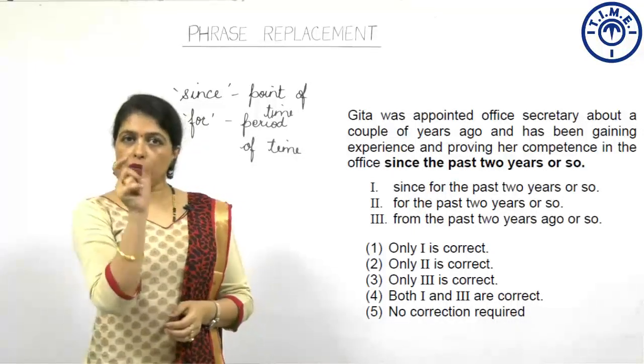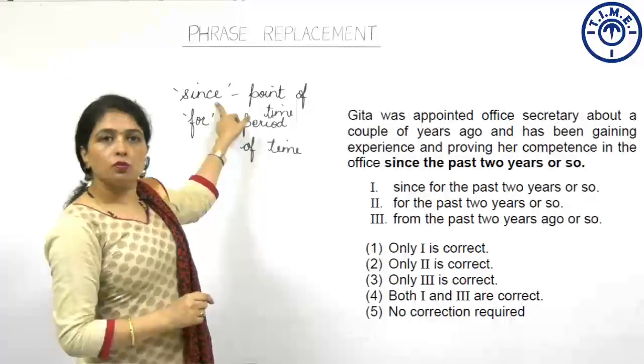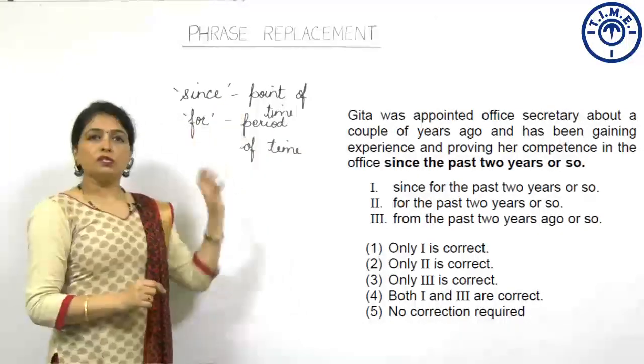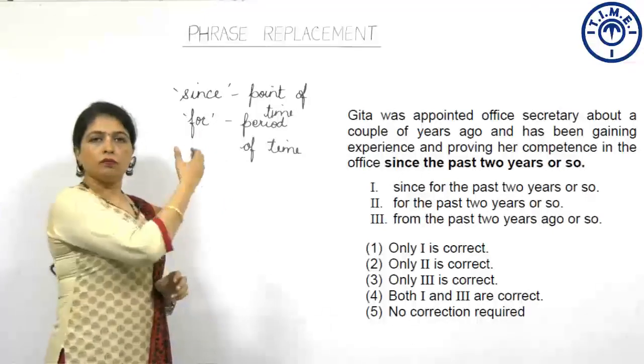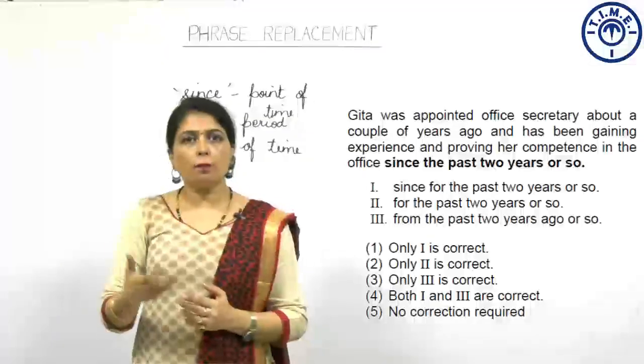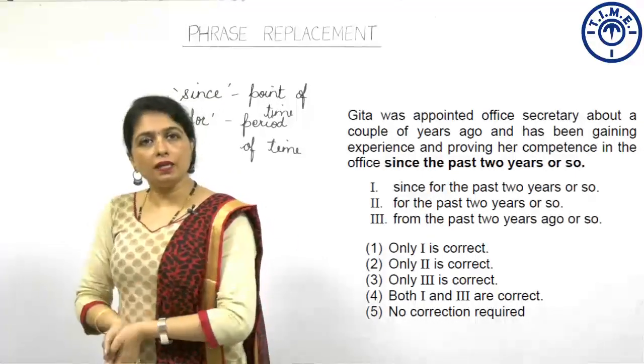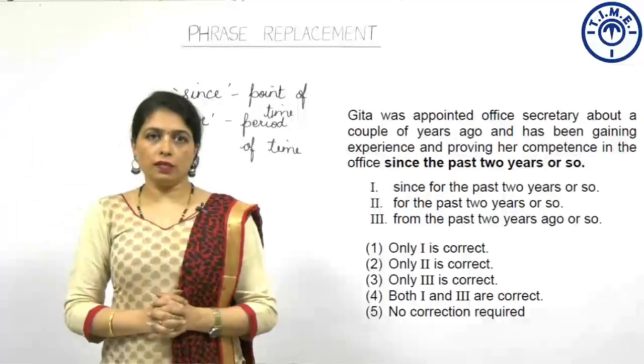So when you have these specific points in time, then since has to be used. For all others which give a duration, a period, we need to use for. I have been waiting for a bus for two hours, or I have been staying in this city for 20 years.